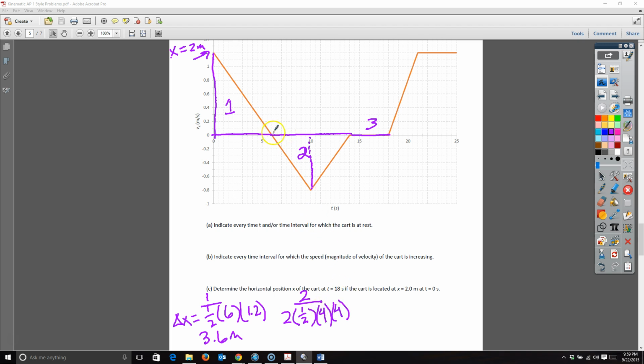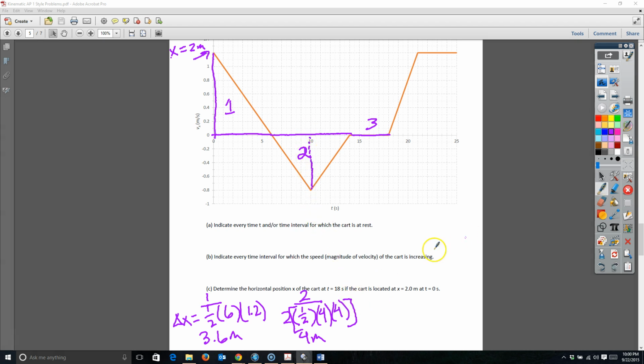That would be the width and the height of each triangle. So this 1/2 base times height, we're going to multiply both by 2, and we end up here with 4 meters. Now, if you're really good, you've got to recognize that this 4 that I have here is in the negative direction.